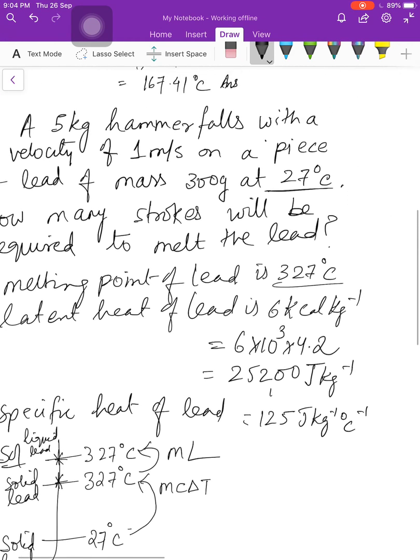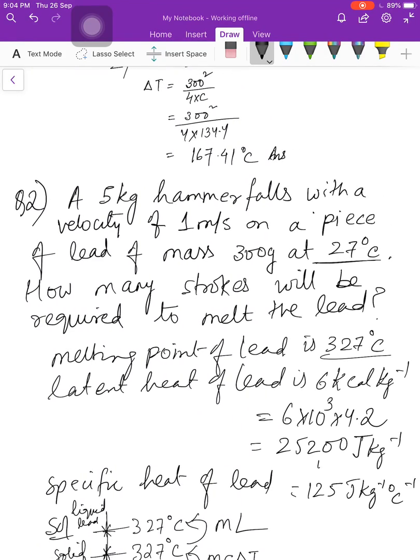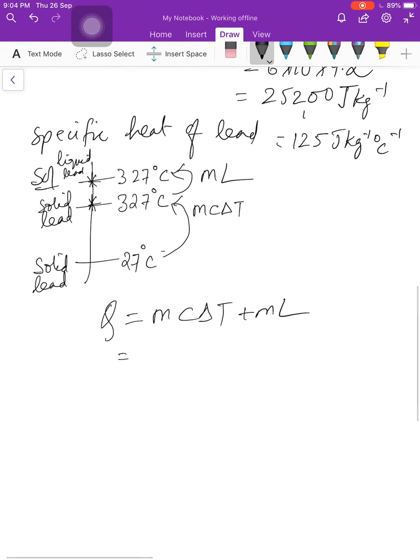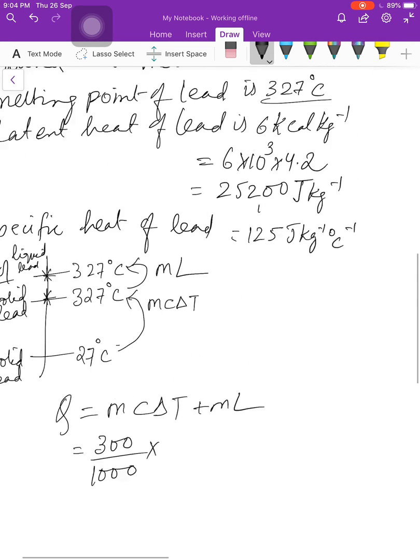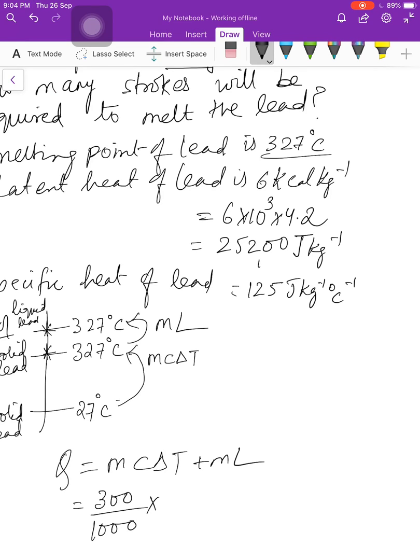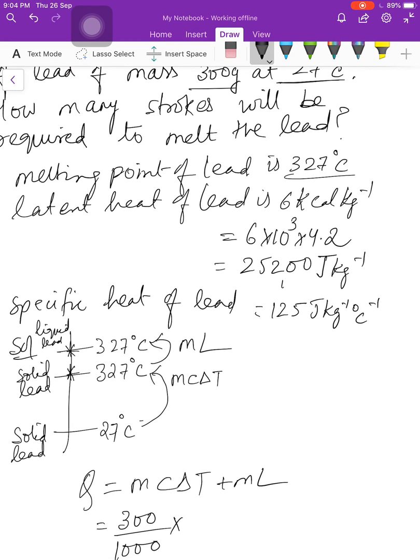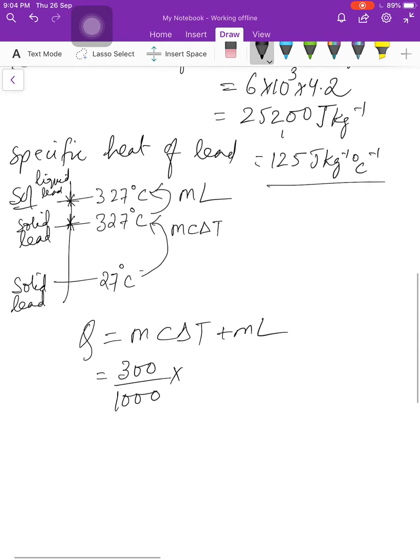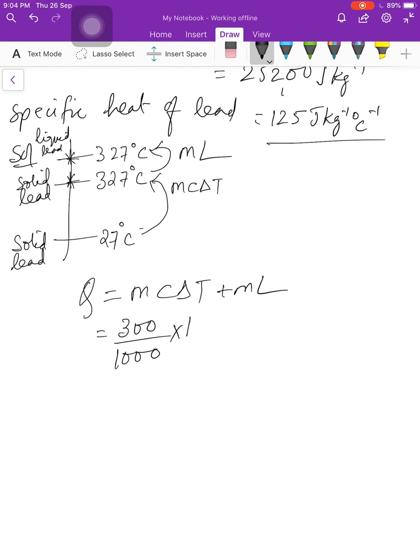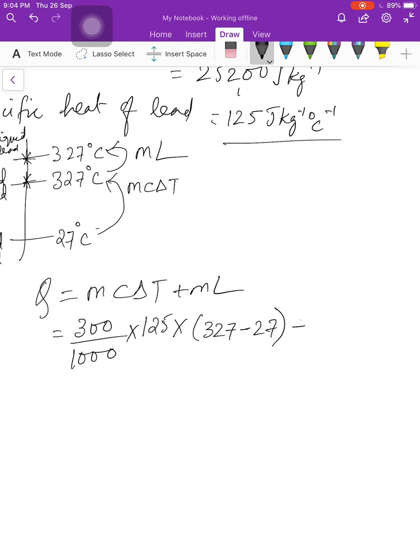The mass of lead given in this problem is 300 gram. So gram I have to convert to kg. Specific heat capacity is given, where is it given? Yes, here, 125, and delta T is 327 minus 27 plus ml.